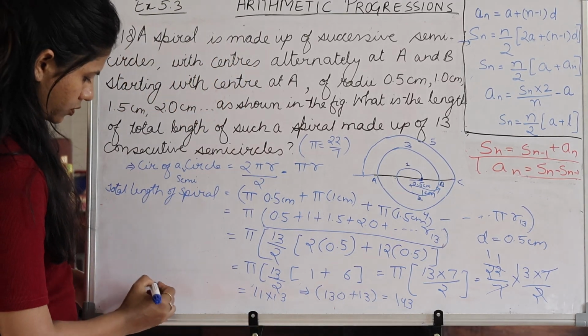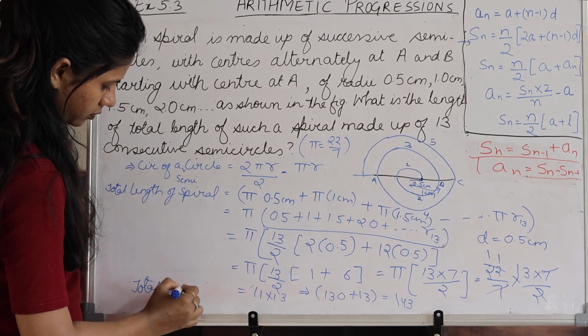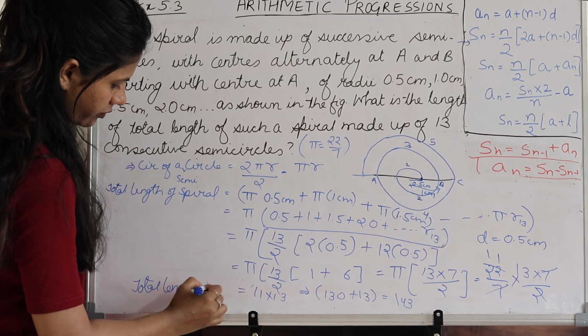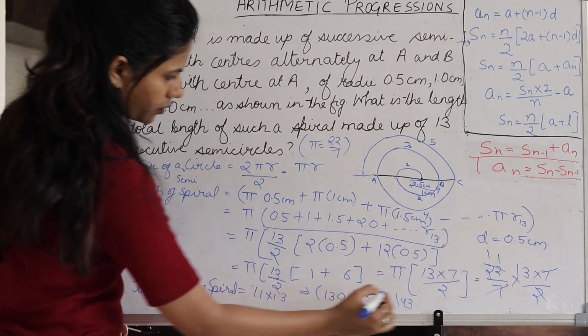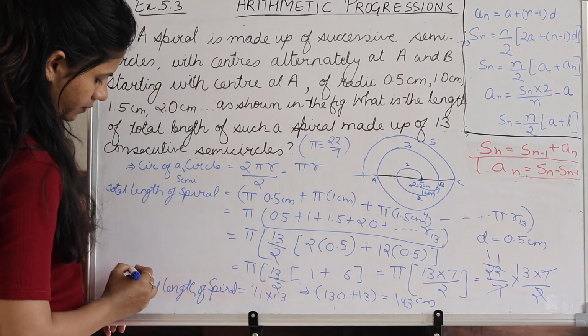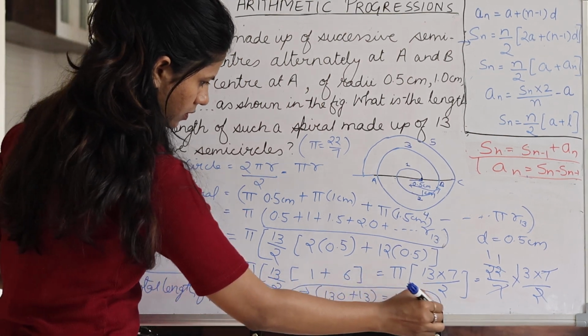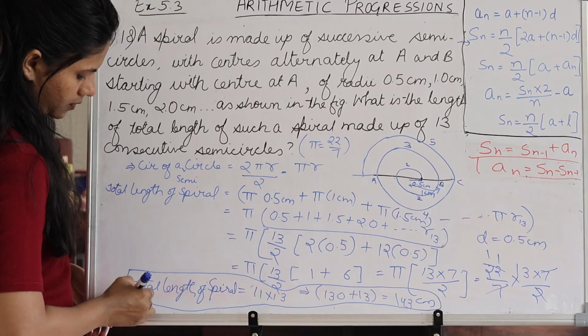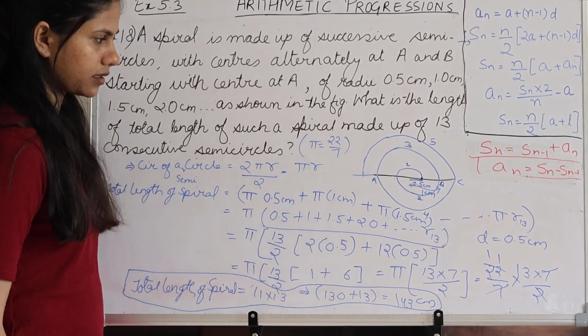So the total length of the spiral is 143 centimeter.